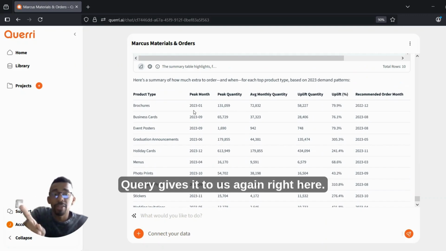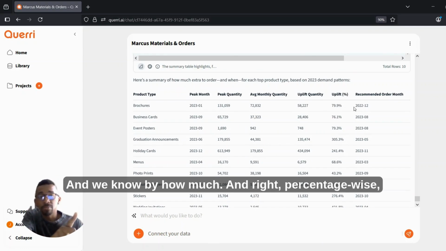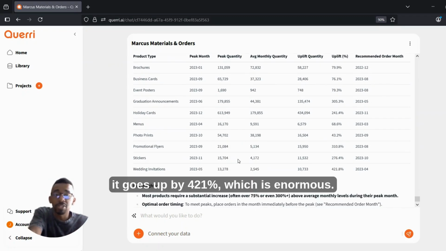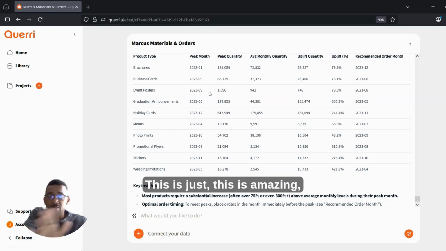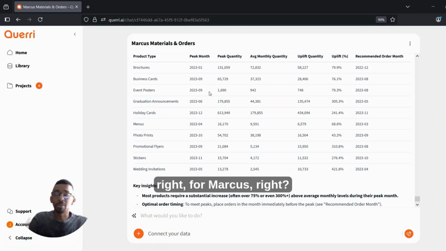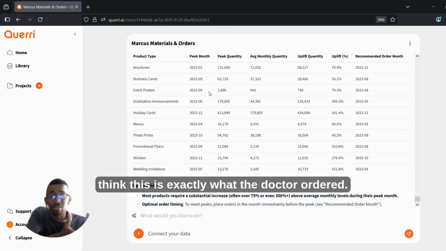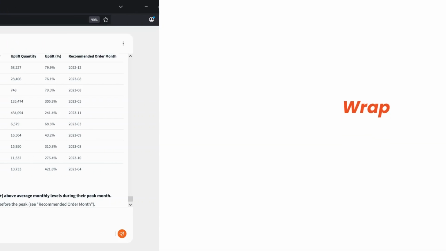Query gives it to us again right here. And we know by how much, percentage wise, demand increases for each one as well. For wedding invitations, it goes up by 421%, which is enormous. Graduation announcements go up by 305%. This is amazing for Marcus. And if we're talking about addressing Marcus's inventory issues, I think this is exactly what the doctor ordered.